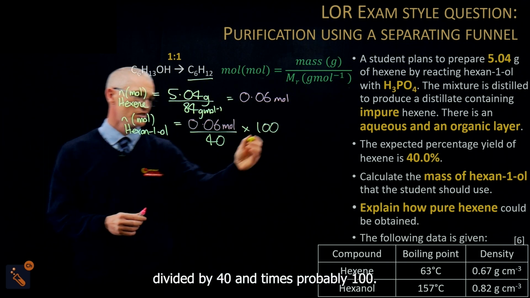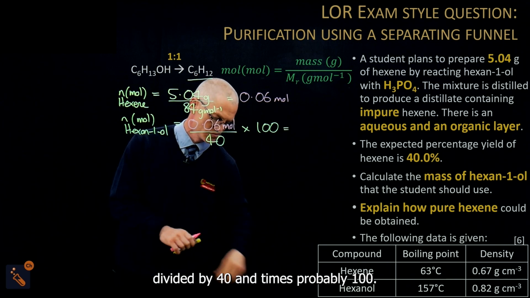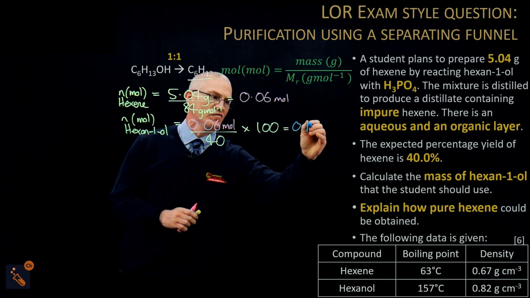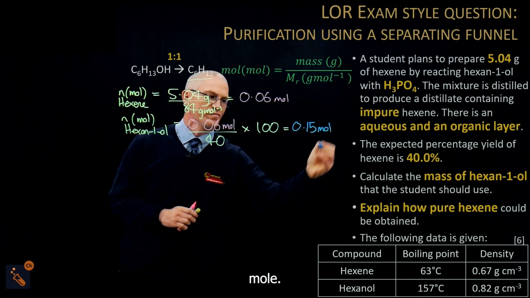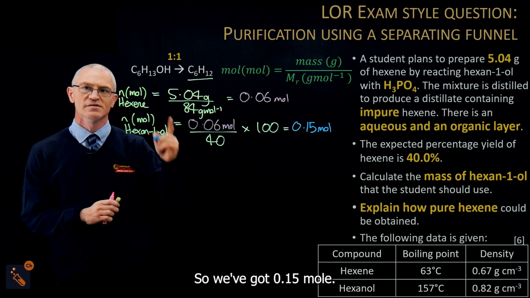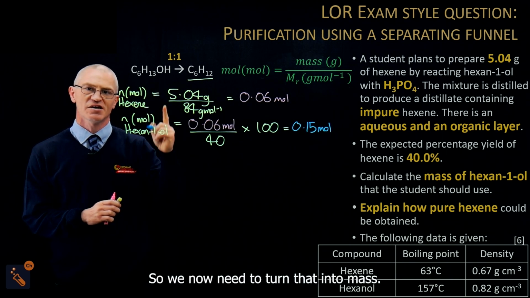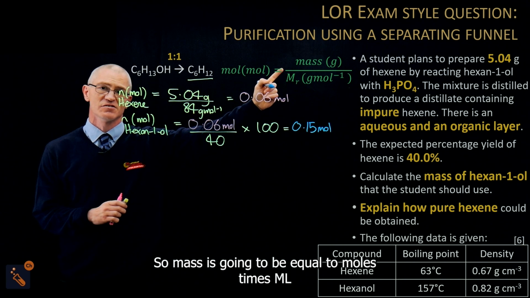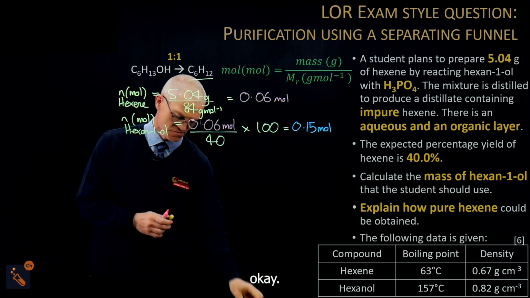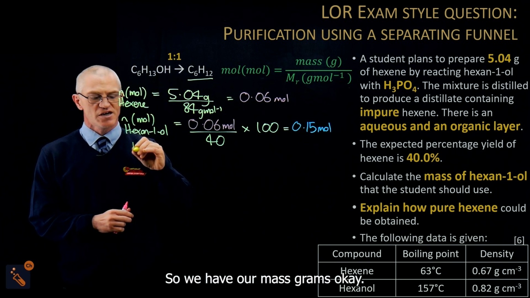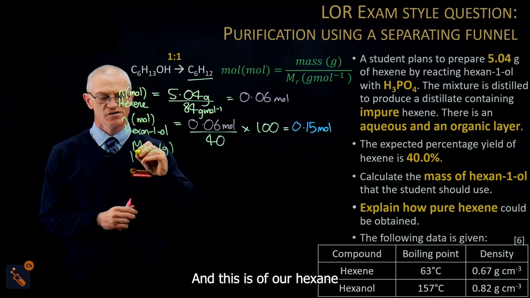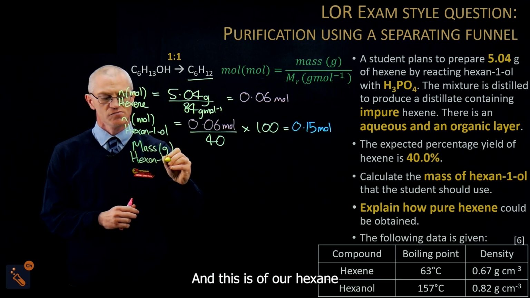If we divide it by 40 and times by 100, you're going to get 0.15 mole. So we've got 0.15 mole of that. So we now need to turn that into a mass. So mass is going to be equal to moles times Mr. Okay. So we have our mass in grams, okay, and this is of our hexane 1-ol.